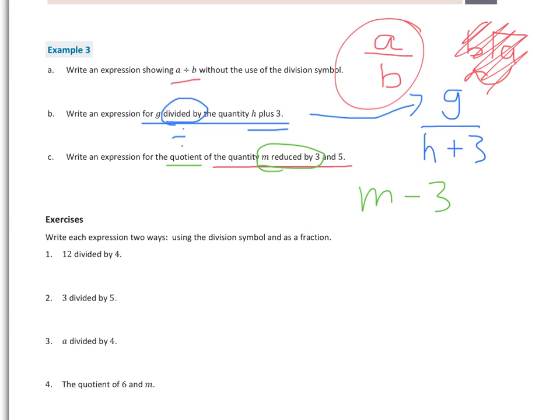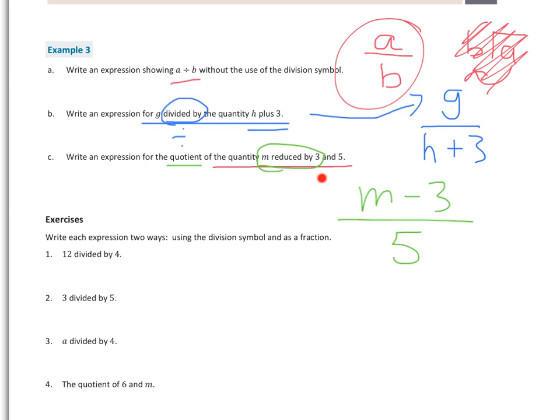So we have m minus 3, and the and 5 means to divide. This can be a bit of a process of elimination, because m reduced by 3 doesn't mean division. So that must mean m minus 3.